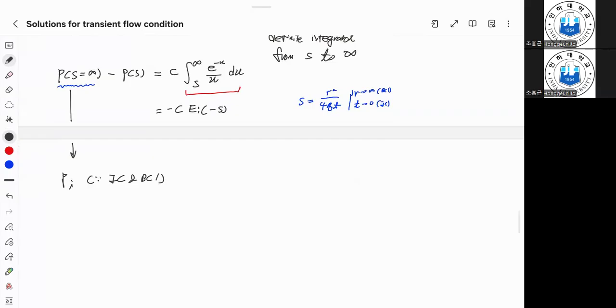And if so, we can sort out our equation.